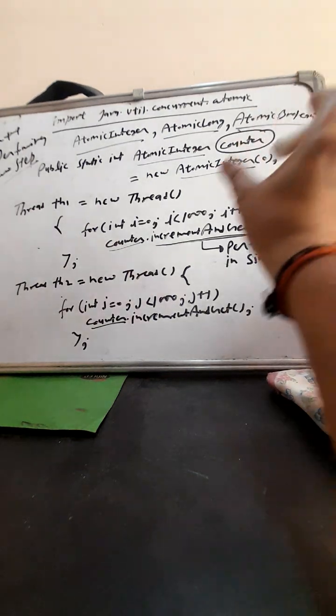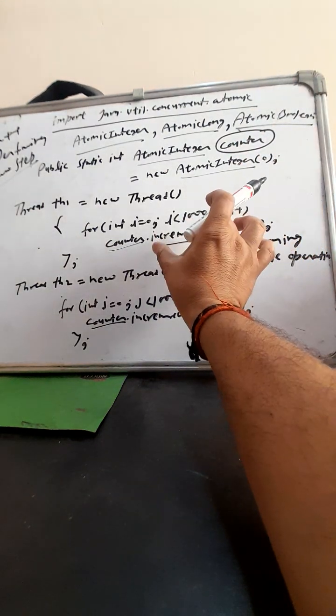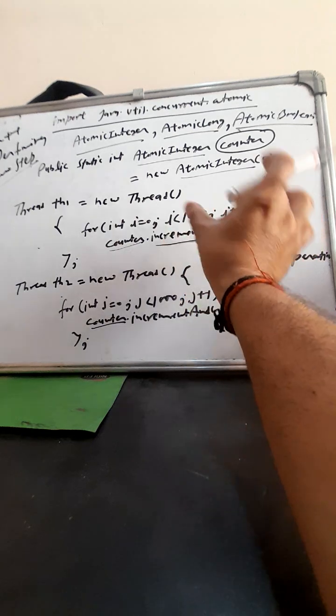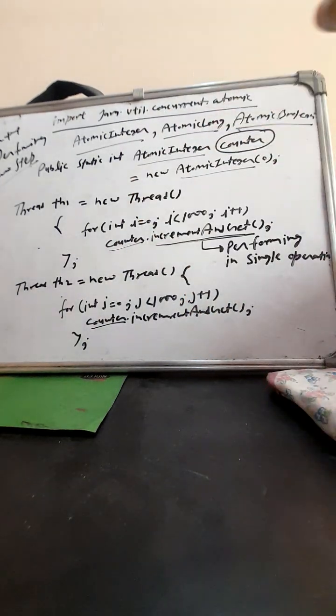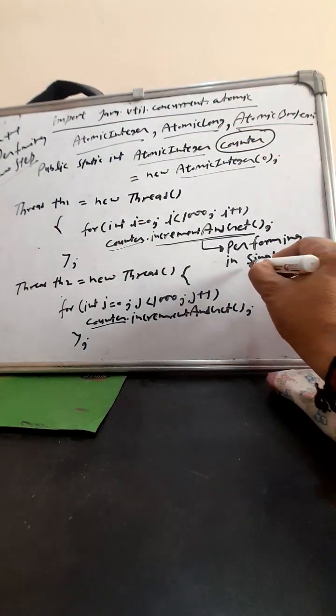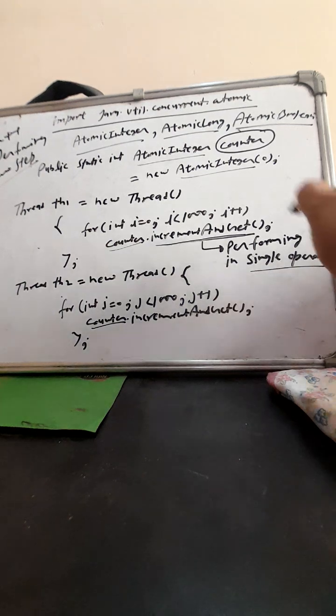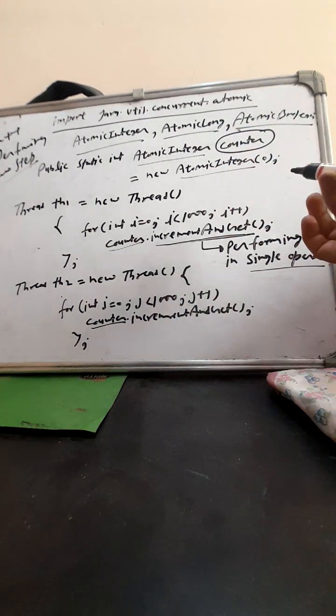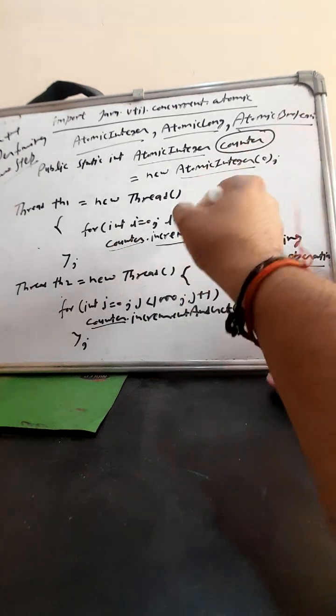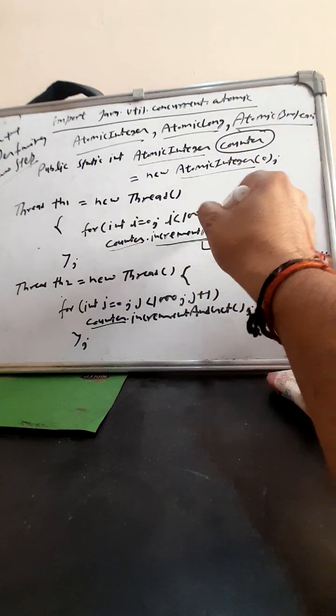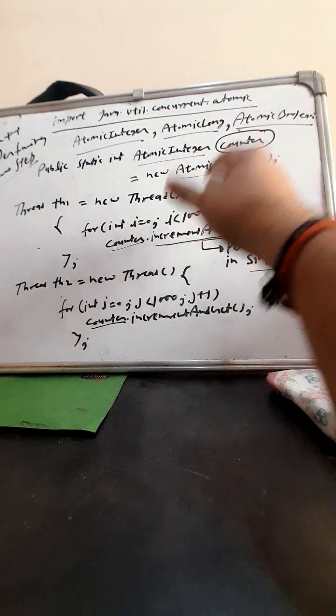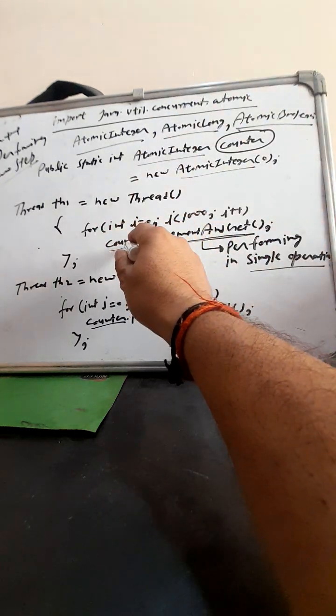So basically this method is incrementing as well as reading the value. These two operations, incrementing and reading, are performed as a single operation here. We are achieving our target with this, because incrementAndGet increments the value and assigns the same value into the counter variable.